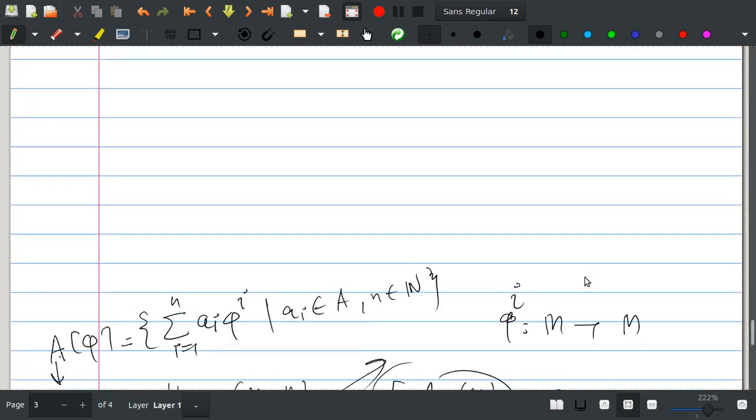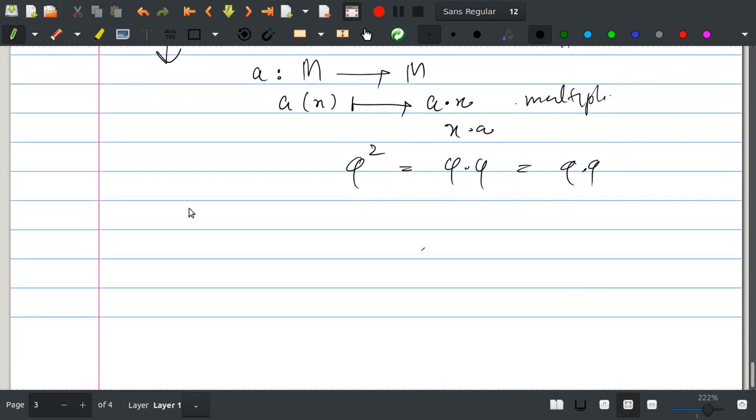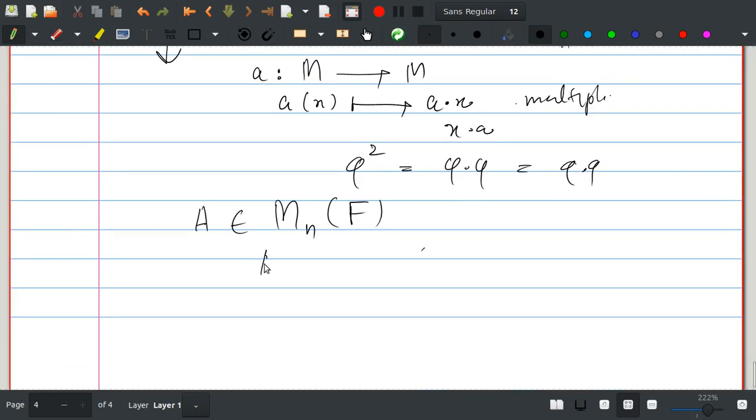So we know in linear algebra, if we have a matrix A among the n cross n matrices with entries from a field F, then A multiplied with the adjoint of A is the determinant of A times I, where I is the n cross n identity matrix.